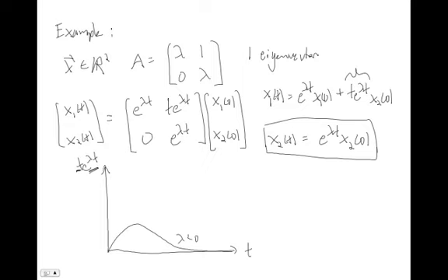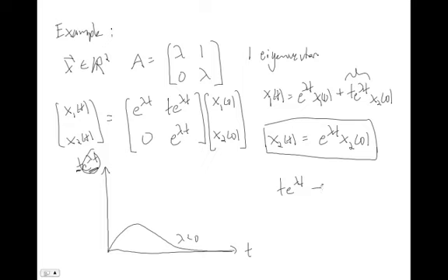When time is very small, the t term dominates over the e to the lambda t, and it grows. But after some amount of t, e to the lambda t is shrinking faster than t is growing, and the product goes to 0, and eventually this just decays away.